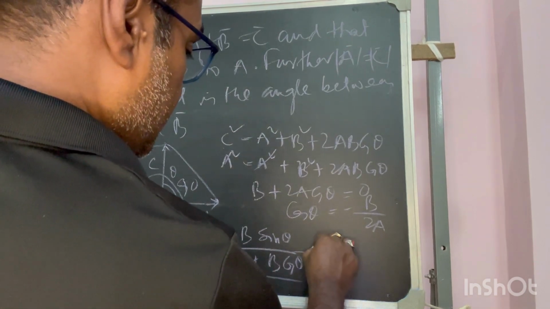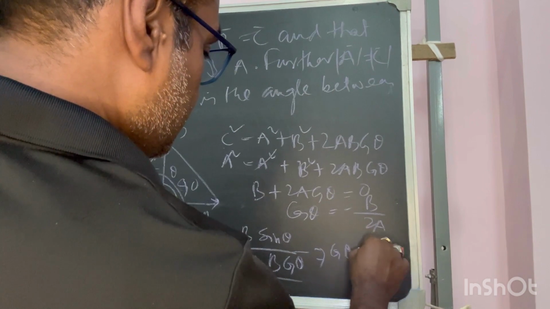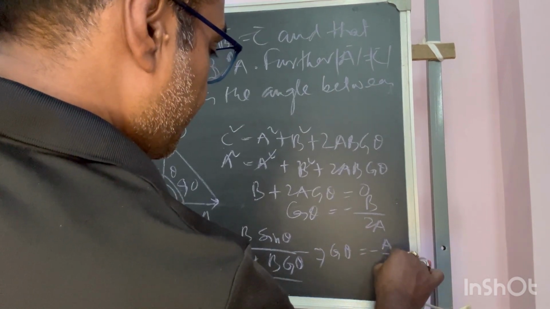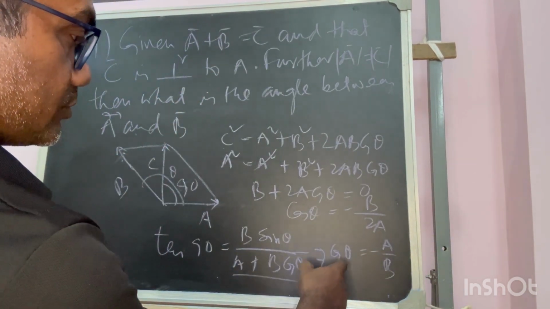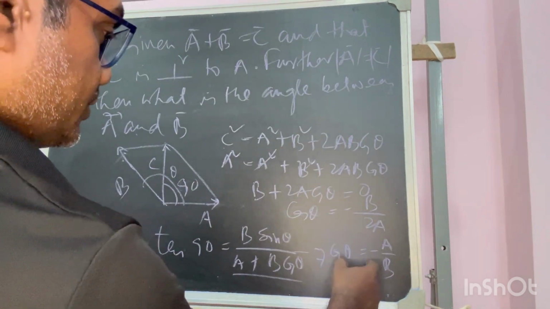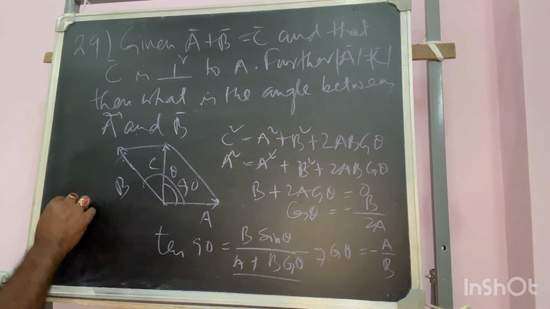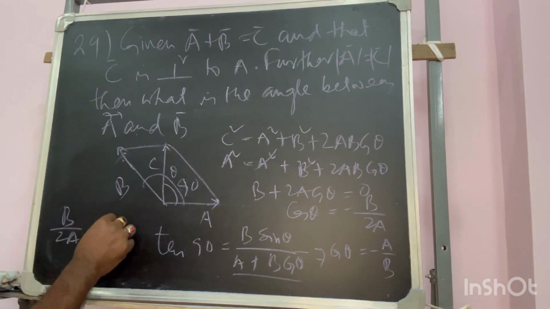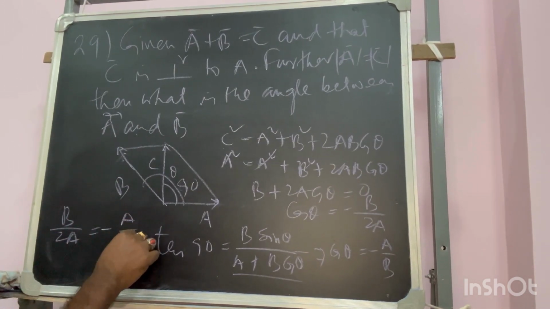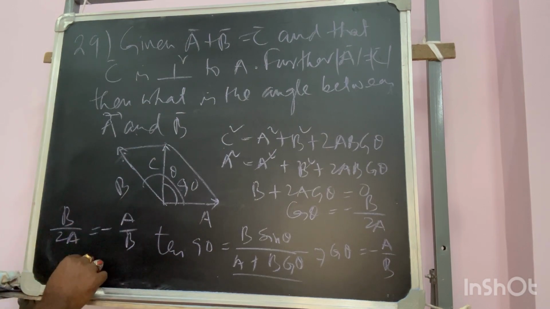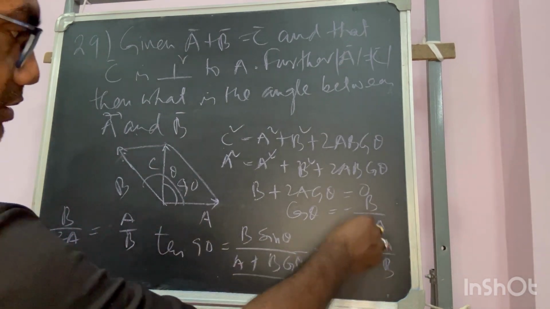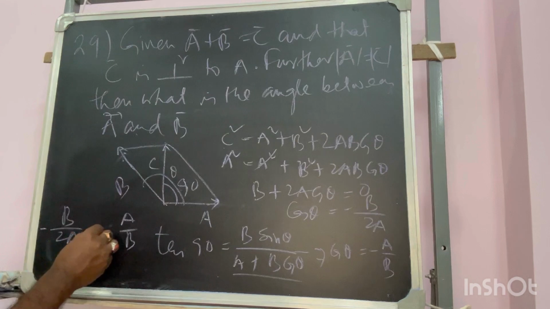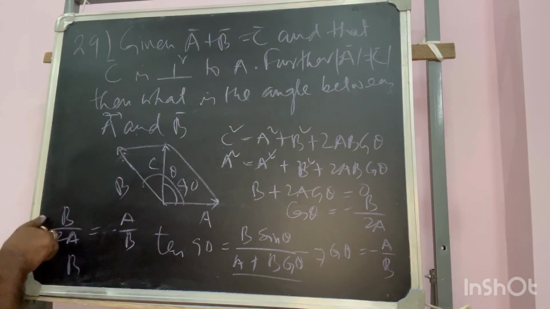So from here we can get cos theta is equal to minus A by B. So if this cos theta has to be same, this has to be equal to this one. So we can get this, both are minus. So B by 2A is equal to A by B, and the minus signs cancel out.